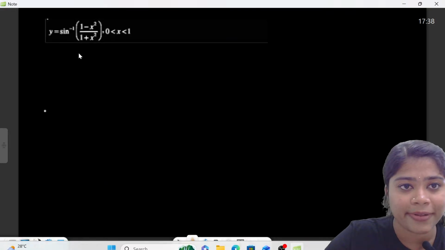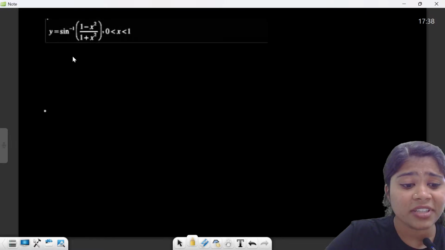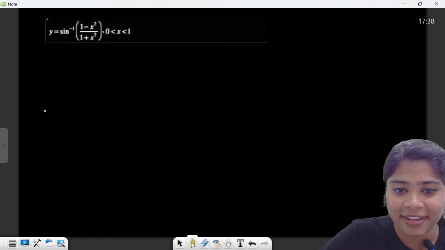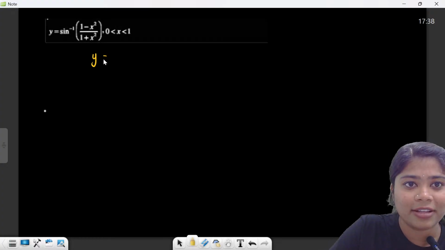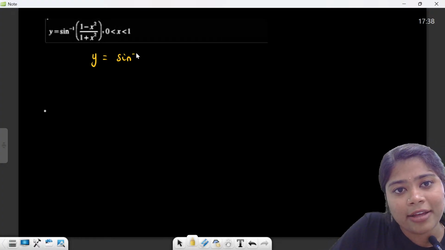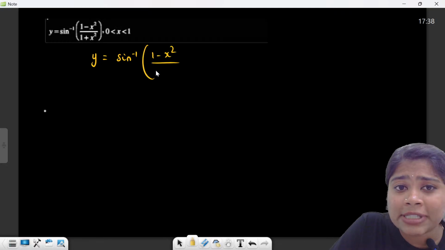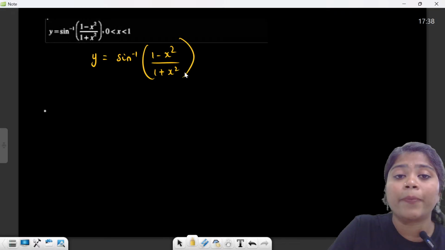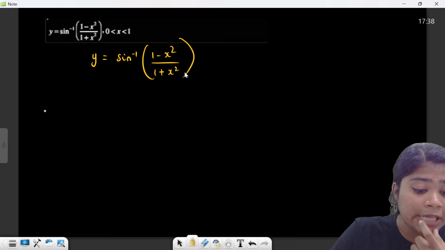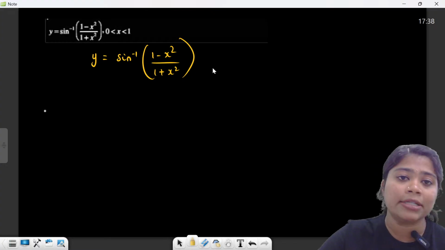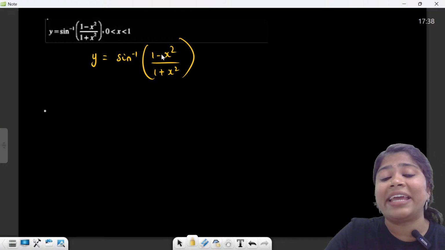Okay, tell me what is the problem. y is equal to sine inverse of (1 minus x square) divided by (1 plus x square). It looks the same, but we have a different function here, right? So sine inverse of this.